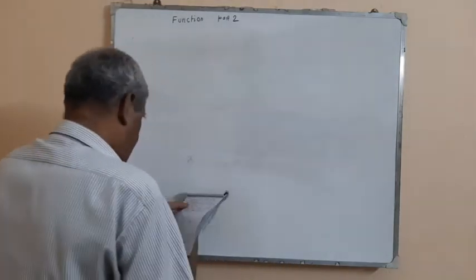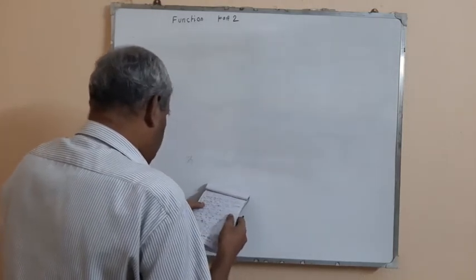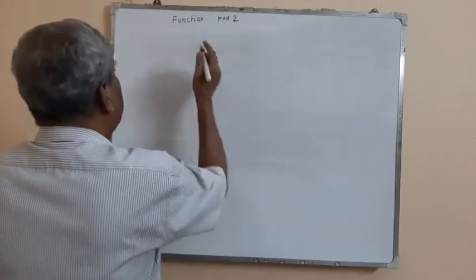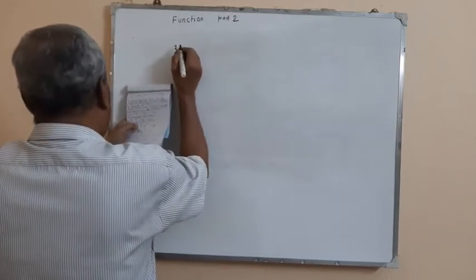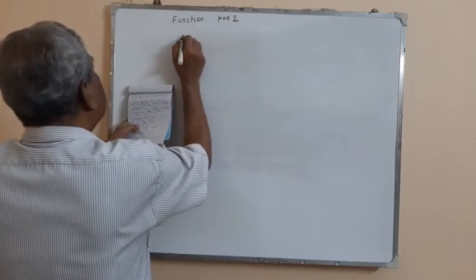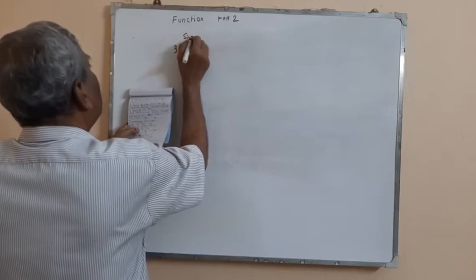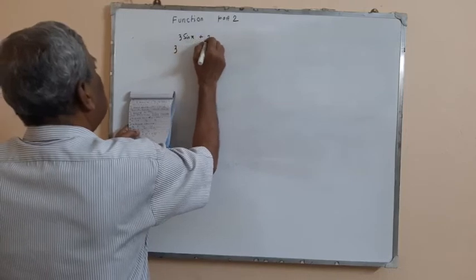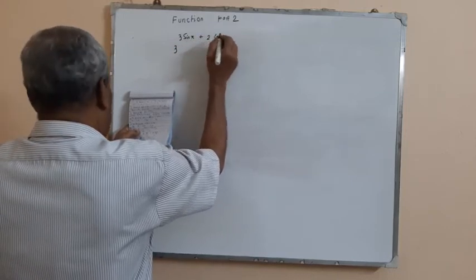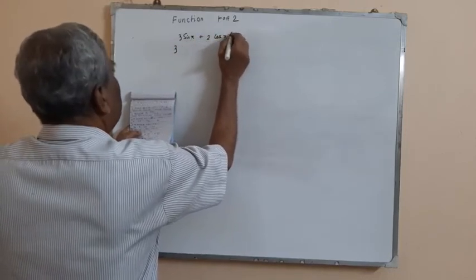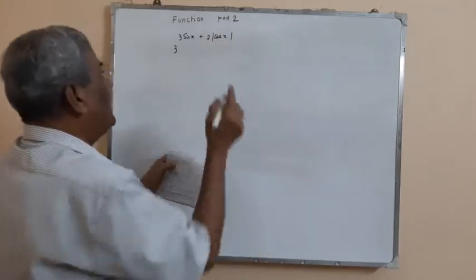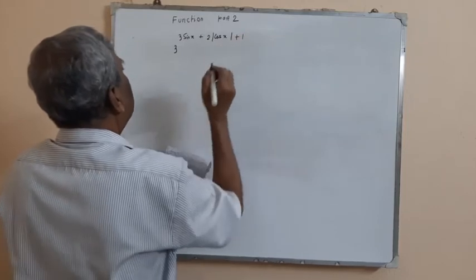First problem is the period of the function f(x) = 3 to the power of (3 sin x plus 2 |cos x|) plus 1.